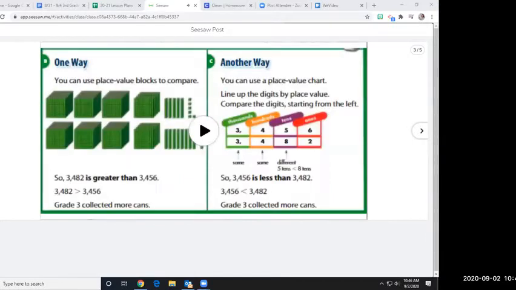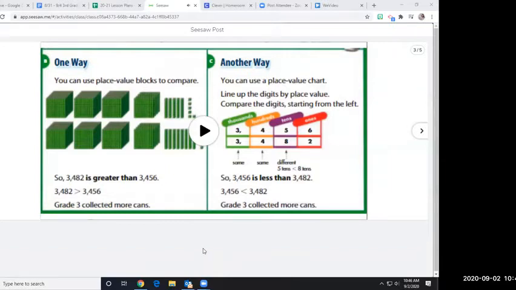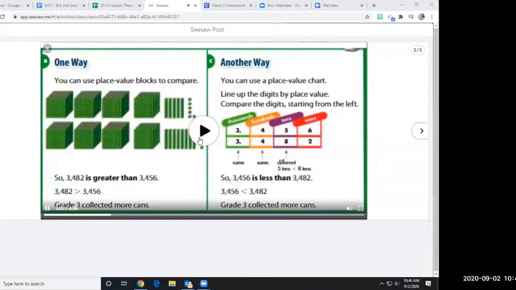If we click back to this page, we can see that the place value blocks show us visually that these two numbers have the exact same number of thousands. We can see that they have the exact same number of hundreds, but when we get to the tens place, we really don't even have to count them to see that the second number has more tens than the first number, telling us that that second number is larger than the first number.